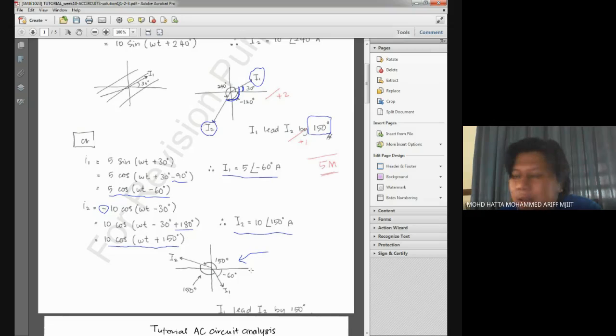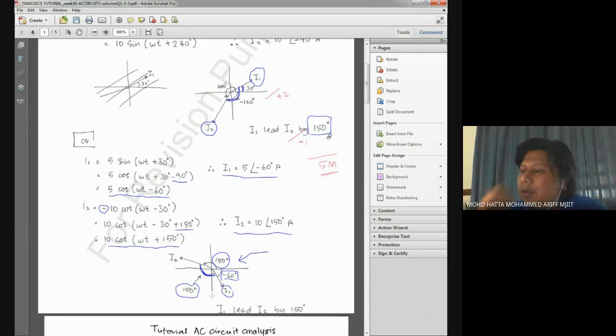So here I will draw my I1 with the angle of negative 60, and my I2 with the angle of 150 degrees over here. Here is the phase difference between both sinusoids I1 and I2.